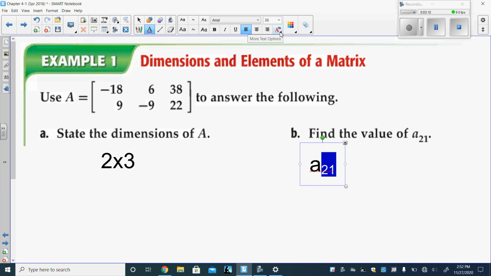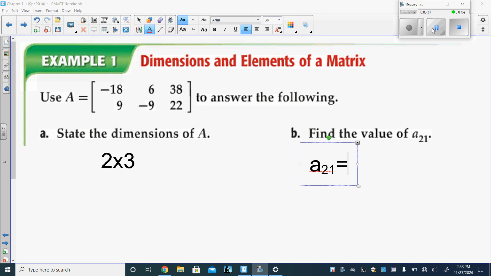Now the next thing we're going to look at is our element. Again, little a tells me that we're talking about an element inside. Now row, column.